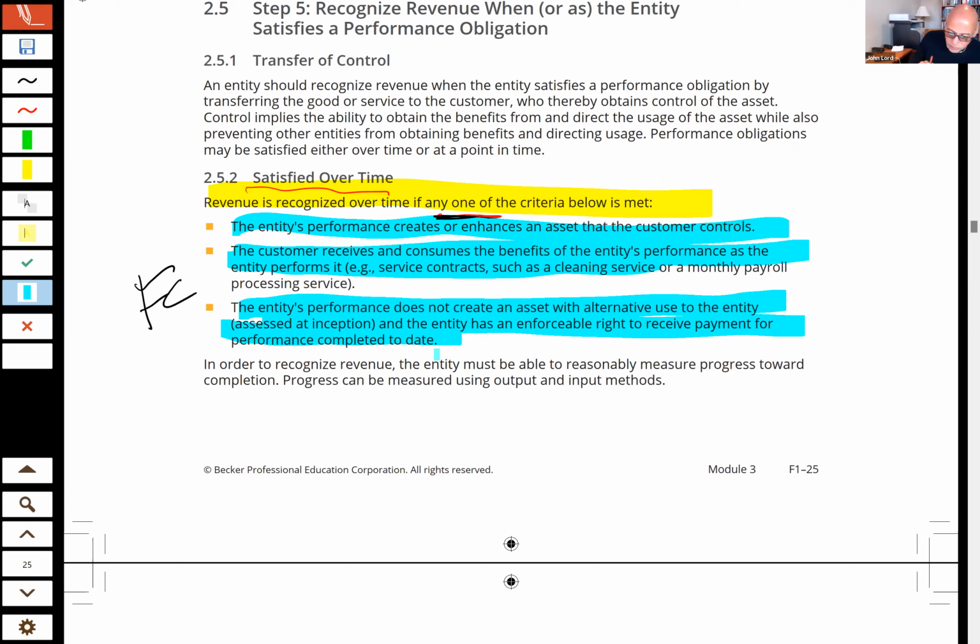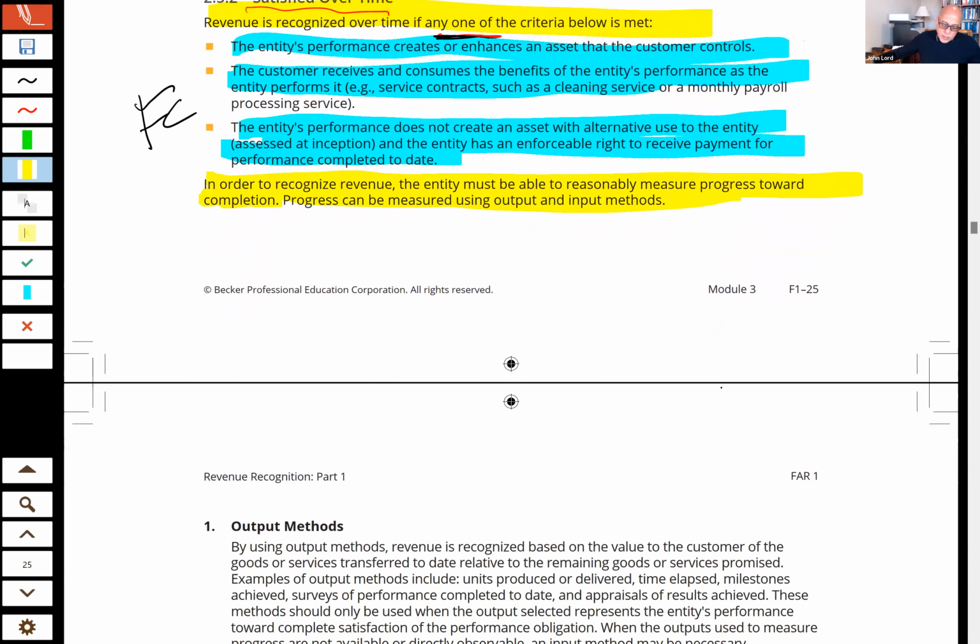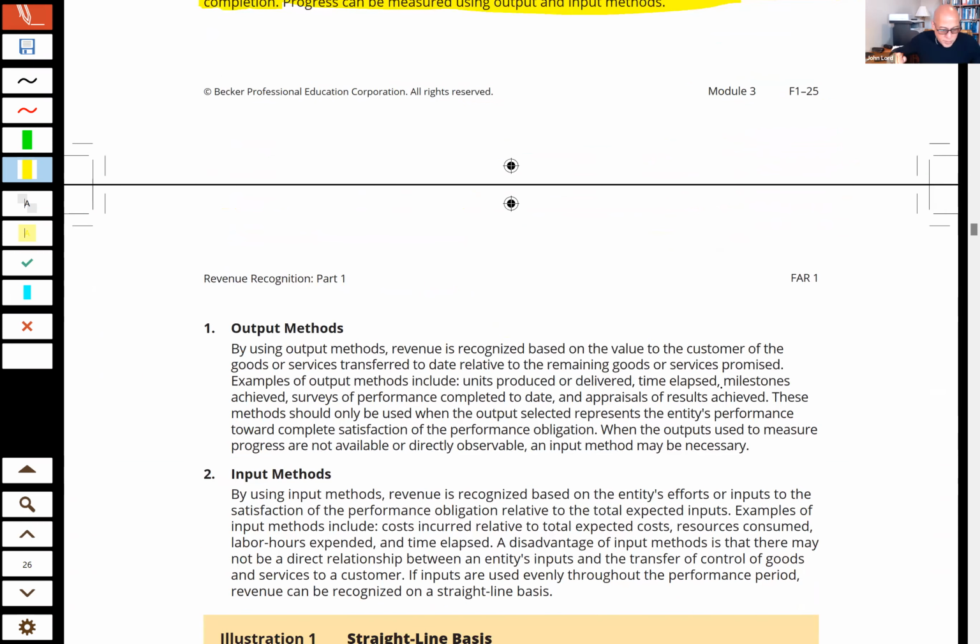Okay. Now, notice they tell us that in order to recognize revenue, the entity must be able to reasonably measure progress towards completion. And you can use output method or input method. If it's output method, it's saying, how far along have I gone? What have I created towards the promise to deliver those goods or services?